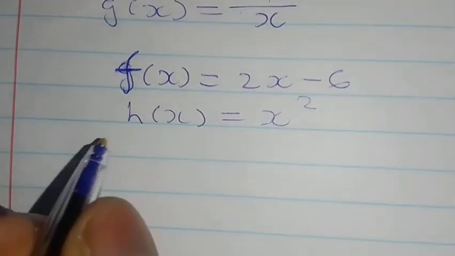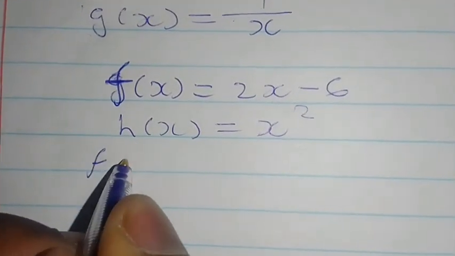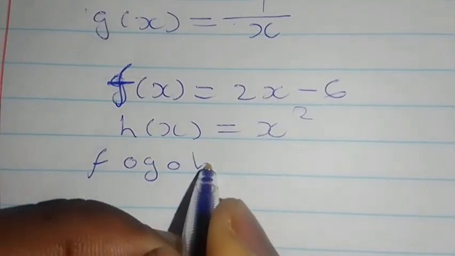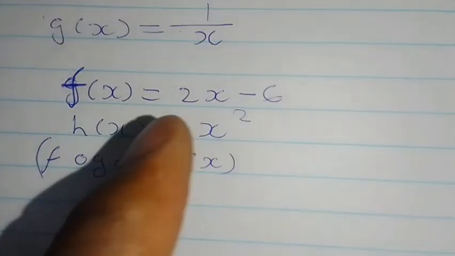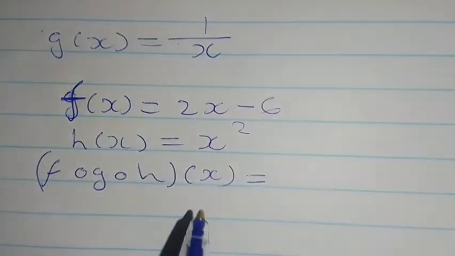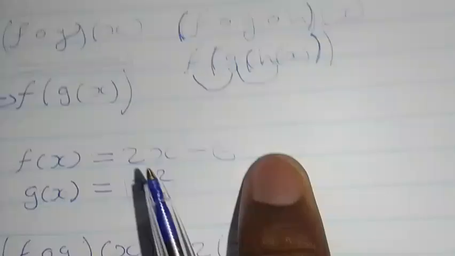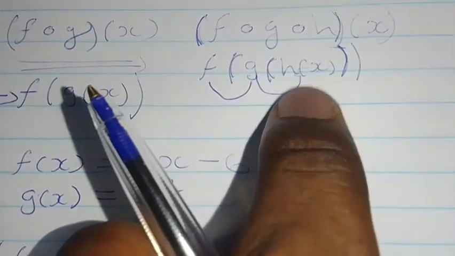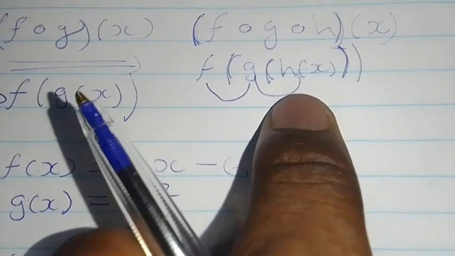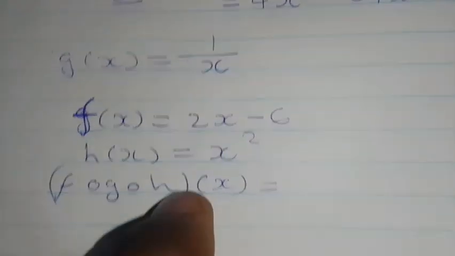Now from this we can find f compo g compo h. What does this mean? First, try to write it in this notation to avoid mistakes.